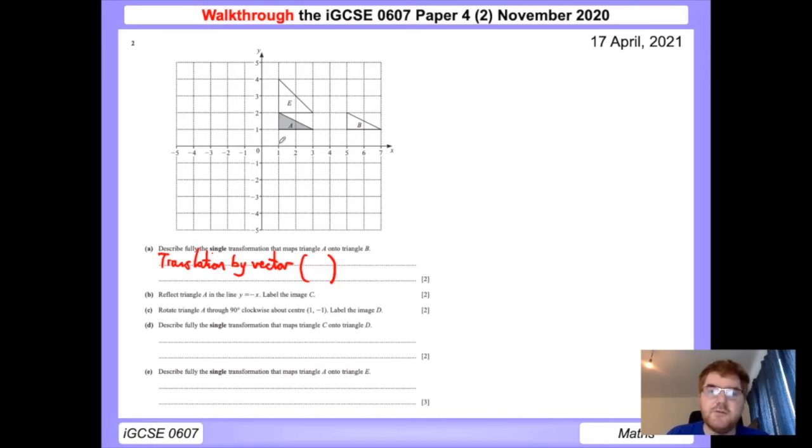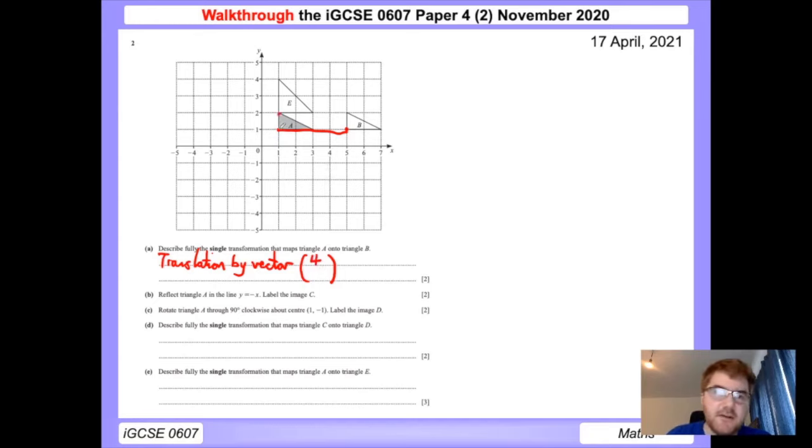So let's work out what's happening here. To go from A to B, I'm going to take a point here and match it up to a point over here. So we're going to go 1, 2, 3, 4. So we're going to go 4 to the right. So we put a +4 here. And if you're in the exam and not entirely sure, you can always check another point.